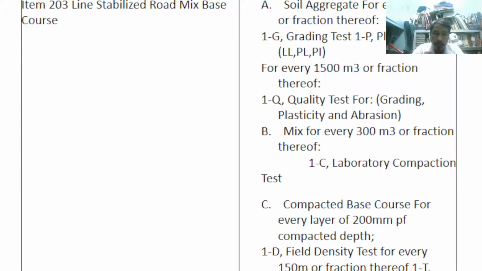Okay? In addition, we have 1-F. So there are about 7 types of tests. Okay? 7 types of testing. We have 1-G, 1-P, 1-C, 1-Q. Okay? So 1-D. Okay? So 1-F and 1-T. So there are now 7 types of tests.